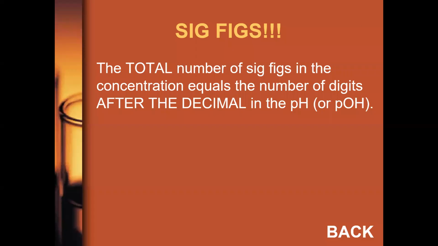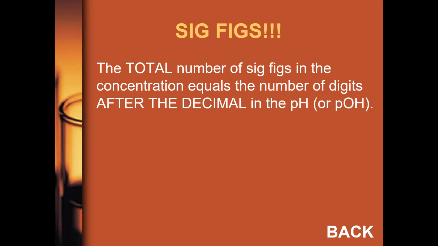All right, so how you determine sig figs when we're doing math with acids and bases, dealing with the logs. The total number of sig figs in the concentration is going to equal the number of digits after the decimal in pH or pOH.